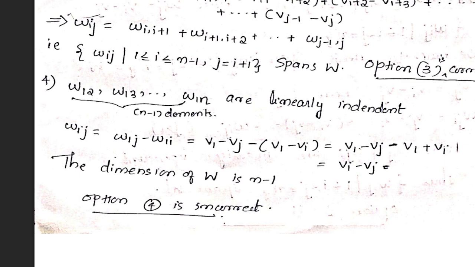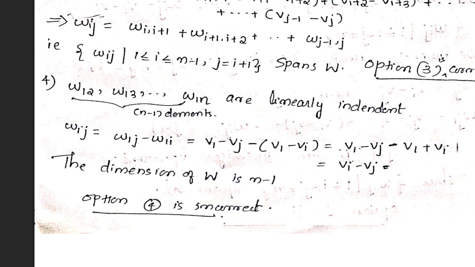And note that here we have n-1 elements. Don't think that it is n. W12, W13, etc., W1n: 2, 3, etc., n. Here the variation occurs only in the second index, 2 to n. So only total n-1 elements.